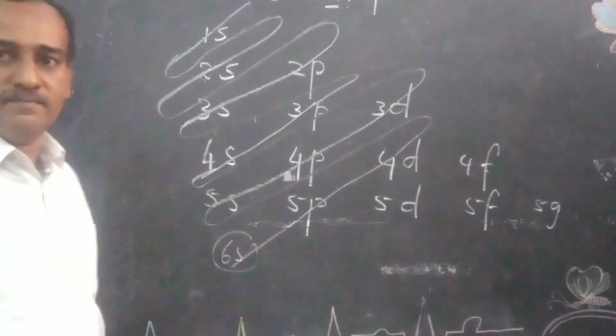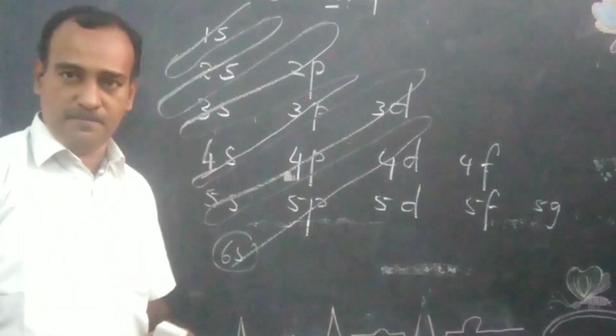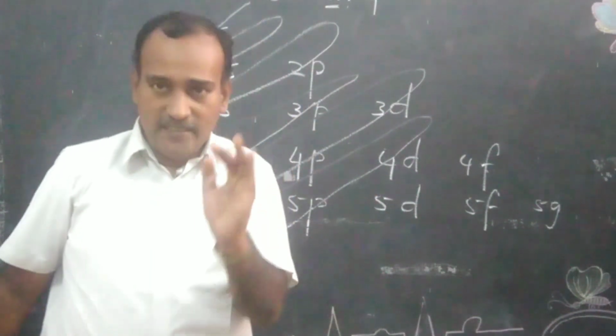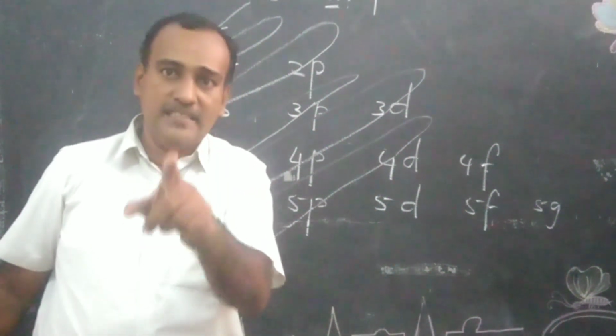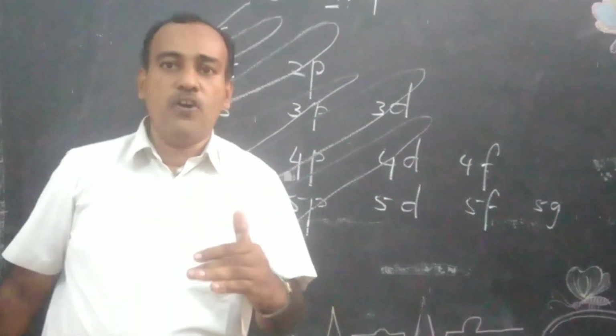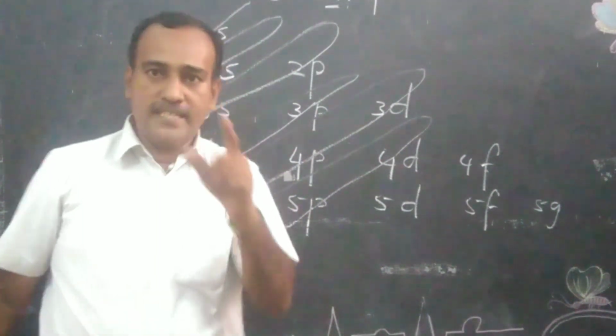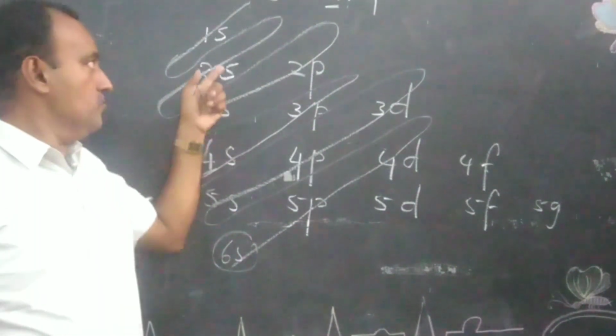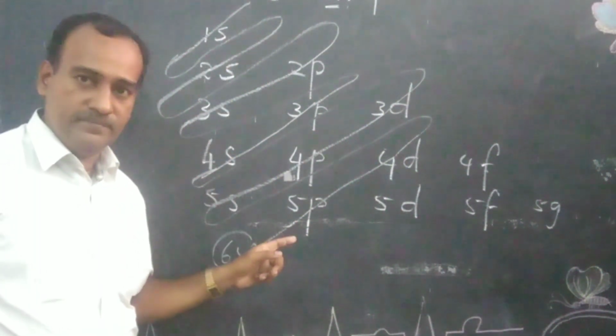Like that it goes. This is called the Aufbau principle. The Aufbau principle says that in the ground state, electrons enter the subshells only based on energy. To describe this, we can understand it by using this diagram.